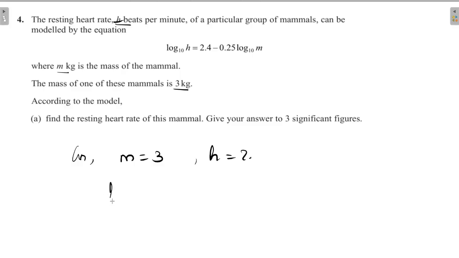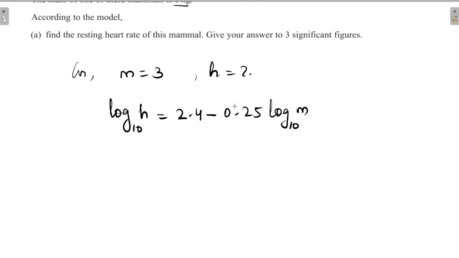So the logarithm term is given: log h to the base 10 is equal to 2.4 minus 0.25 log m to the base 10. Now let's replace the value of m, so we can find out the h value.